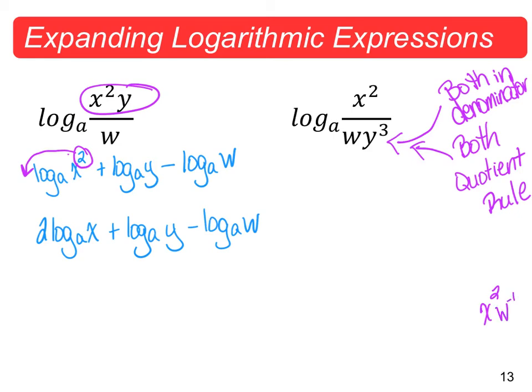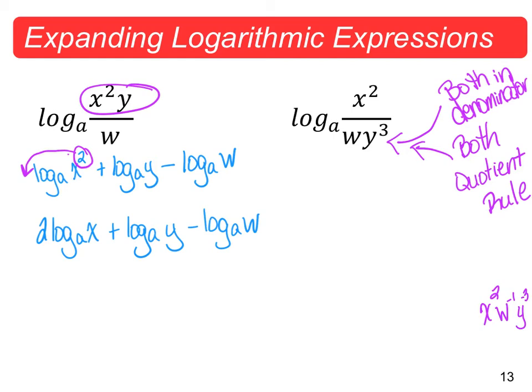So it would be x squared times w to the negative 1. Then my y to the third would be y to the negative 3. So think about that when you're rewriting this. Both of those are going to be subtracted because they're in the denominator. So I want to make sure that we really process what that's saying.